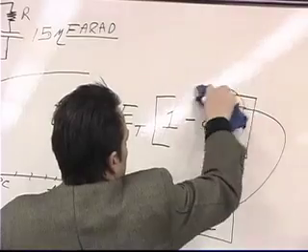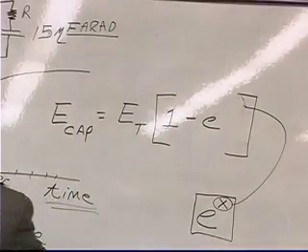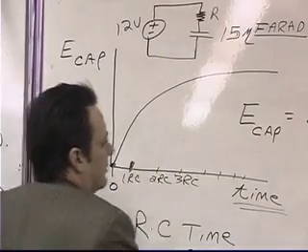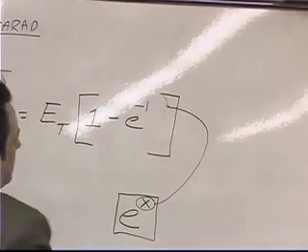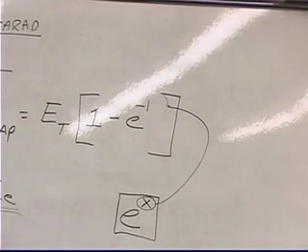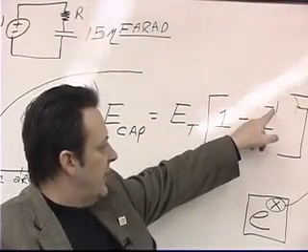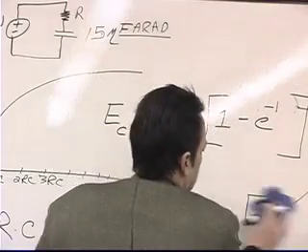Exactly. So at this instant in time right here, this guy is a negative 1. Now, can anybody put in their calculator 1 minus e to the negative 1 power?